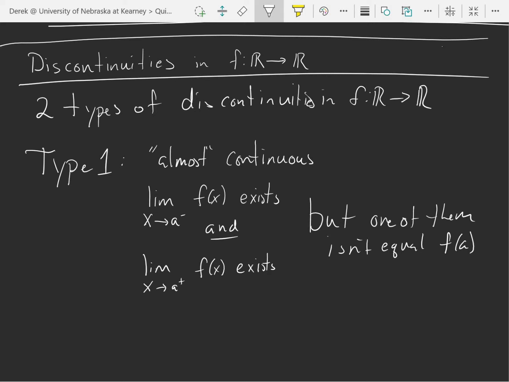Could be that both aren't equal to f of a, but at least one of them isn't equal to f of a.